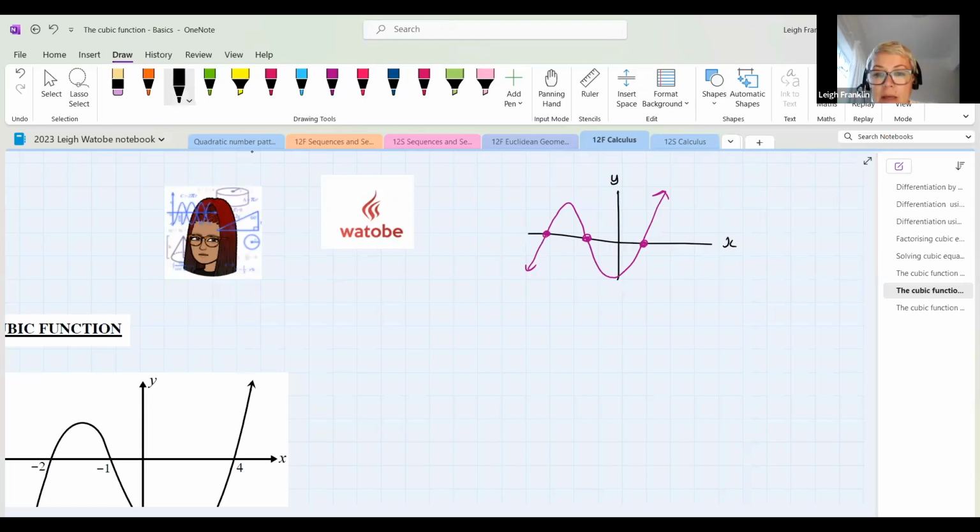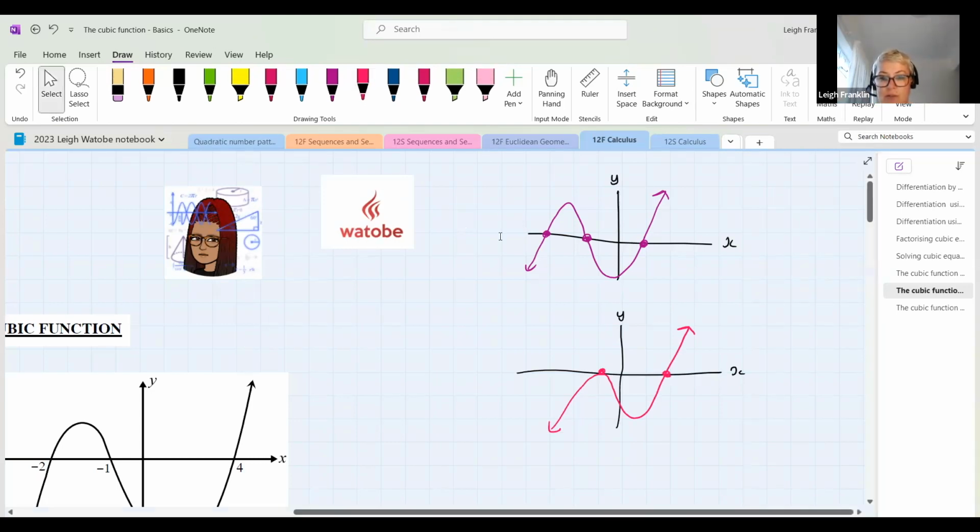Then in another situation, you could have something like this. Again, a set of X and Y axes, and your graph could have a turning point on the X axis. So for example, let's pretend it does something like that. Here we see two distinct roots.